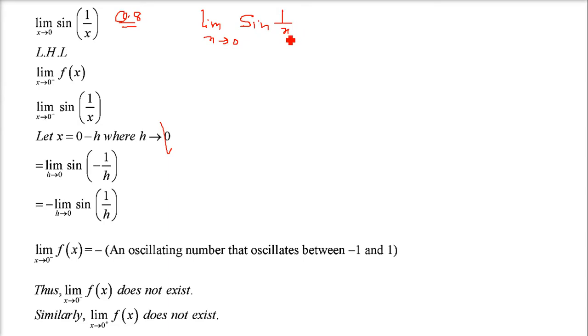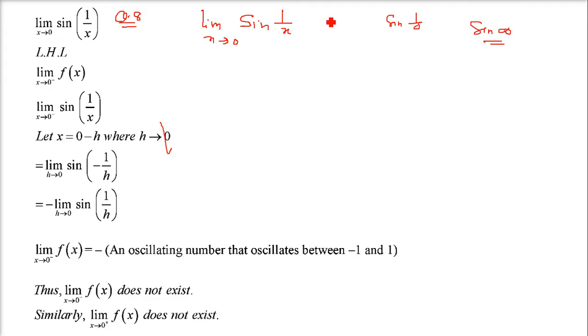Now if I put x as 0, 1 by 0 is infinite, and the value of sine will always be between minus 1 and 1. So let me prove it. We know that the limit will not exist because it's clear from here. But let us prove it.